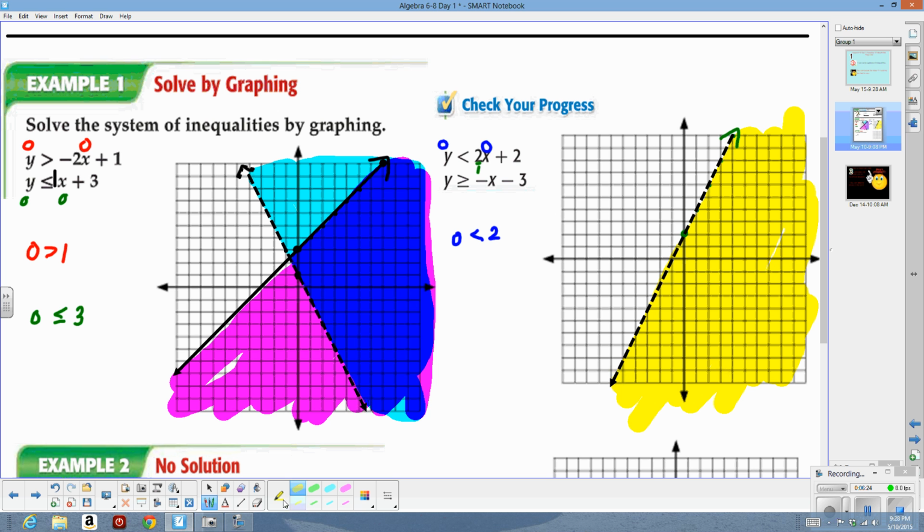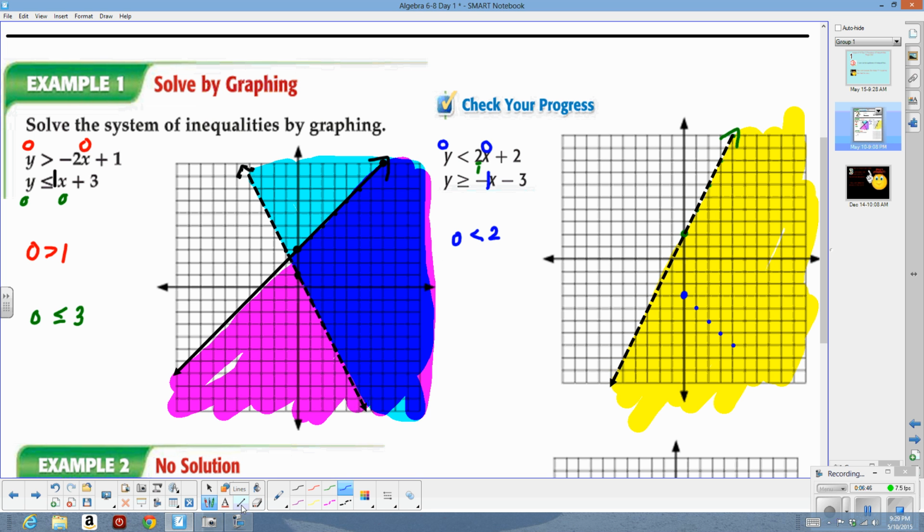Now let's graph the second inequality. The y-intercept is -3, and the slope is -1. So we're going to go down 1 and right 1. And this time it's going to be a solid line since it includes the equals.